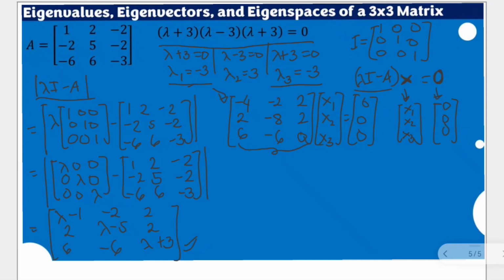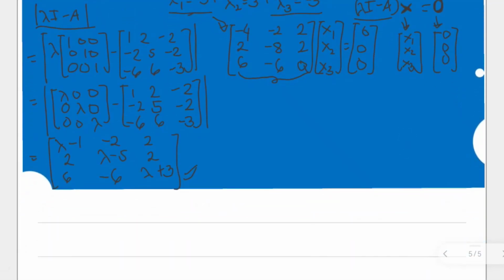So to do that, let me multiply negative 1/4 to all the entries of R1 for us to have a new R1. Negative 4 becomes 1. Negative 2 will become positive 1/2. Positive 2 will become negative 1/2. This is still 2.